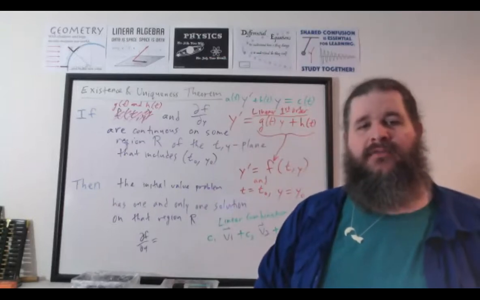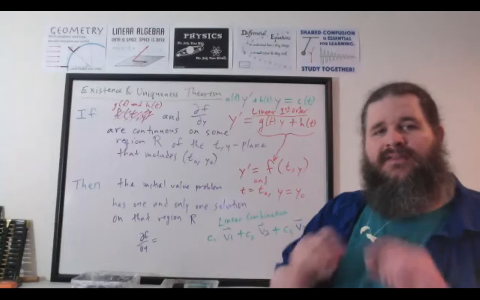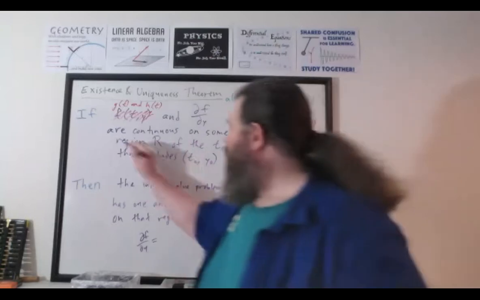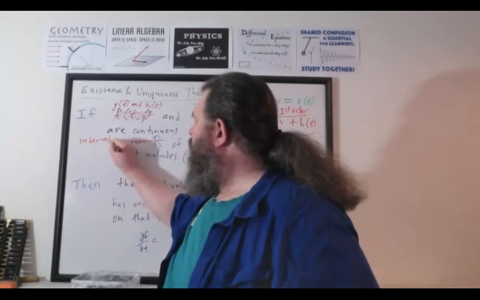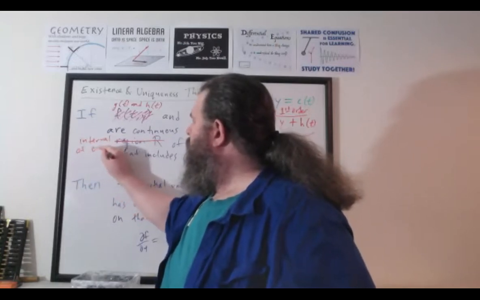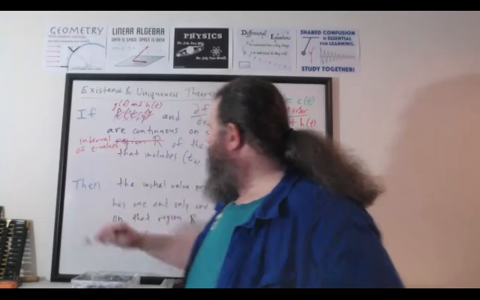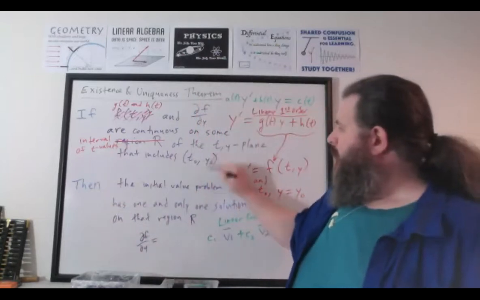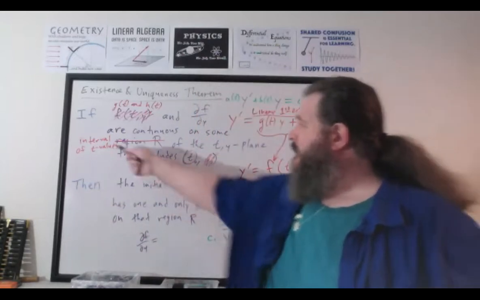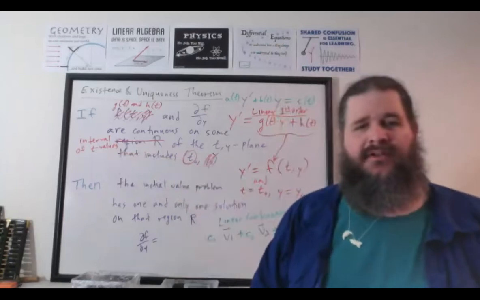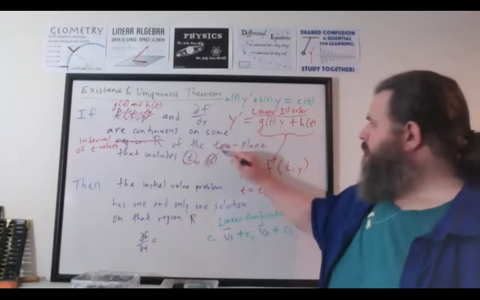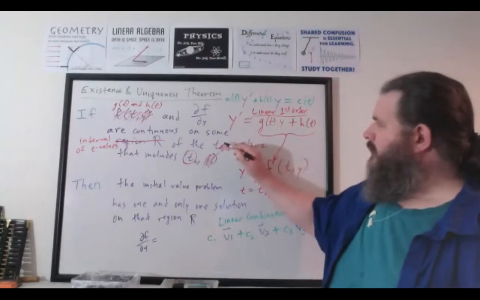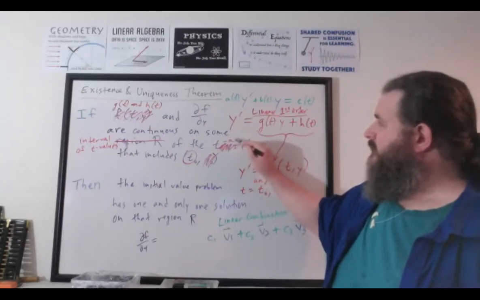Every y value works fine. Instead, we just look at t values. So instead of a region, we can say an interval of t values that includes the initial condition t naught, an interval of the t-axis.